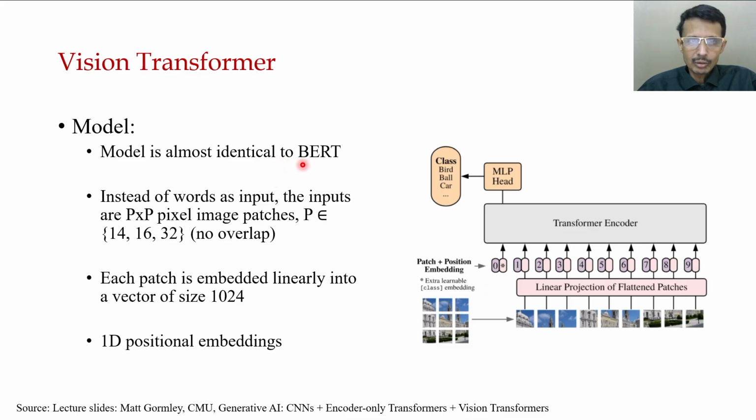It is basically an encoder-only model, very much like BERT. And P may be 14, 16 or 32, and there is no overlap. And each patch is embedded linearly into a vector, with 1D positional embedding.